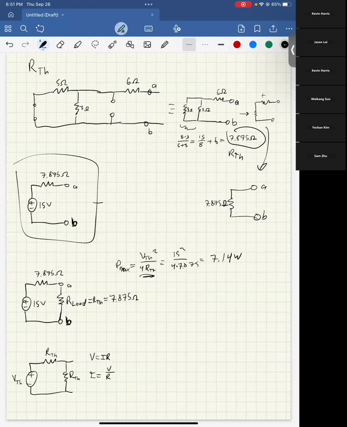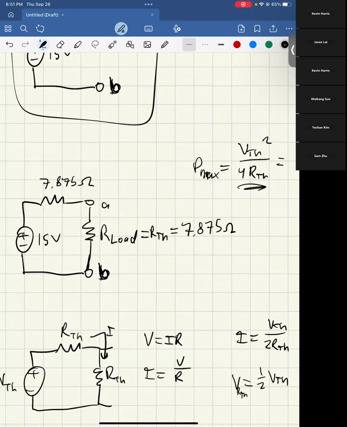Okay, so then we see that I'll call this I, it's going to equal your VTH over 2 RTH, because you have these two resistors in series. And then the voltage across this RTH on its own, by normal voltage division, is just going to be 1/2 of VTH, because you have two resistors of the same value.